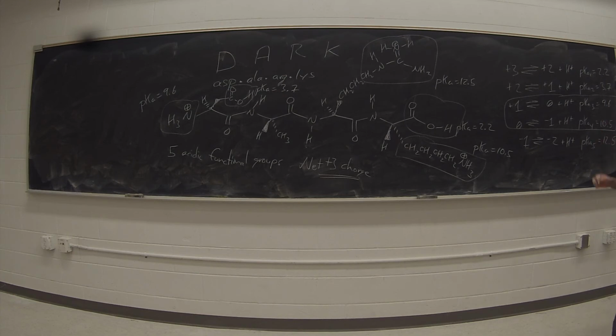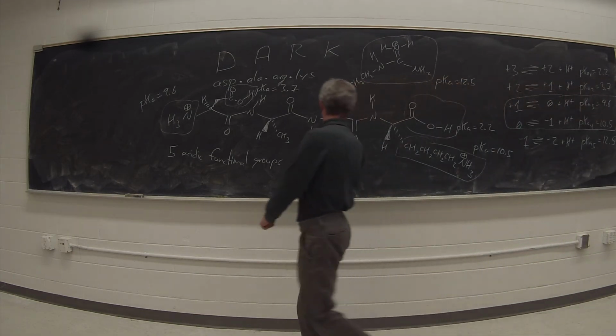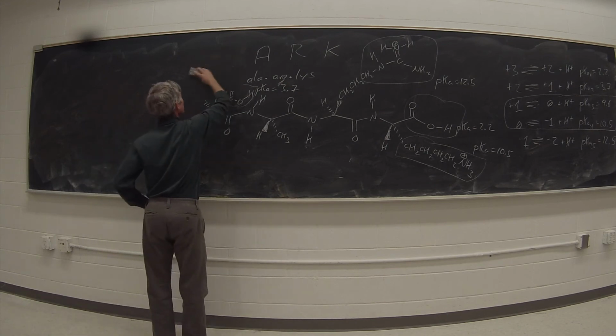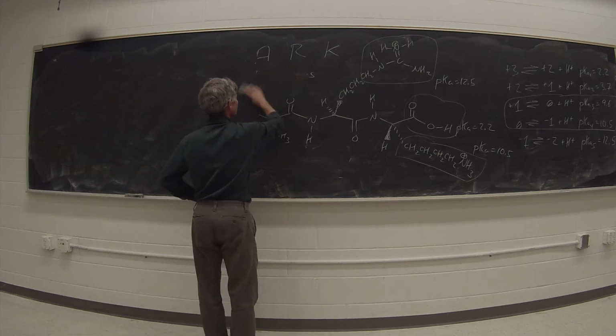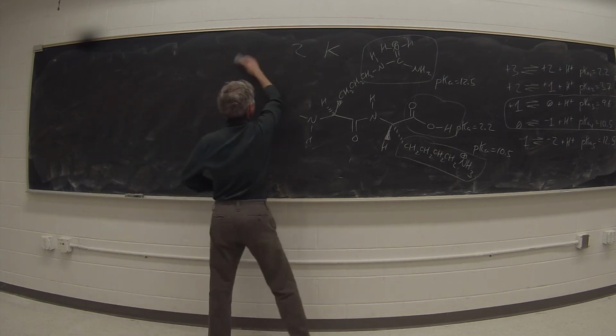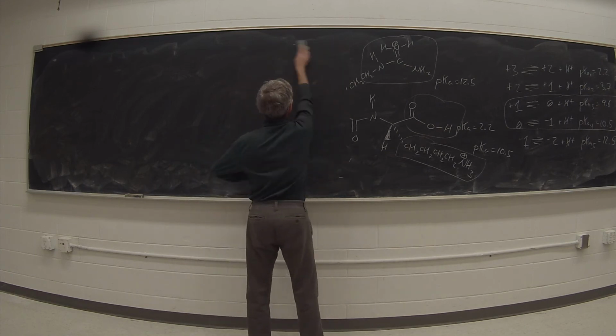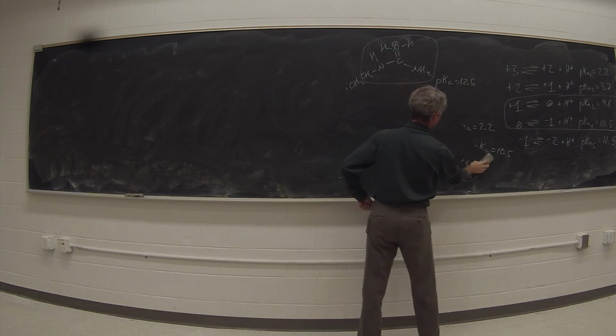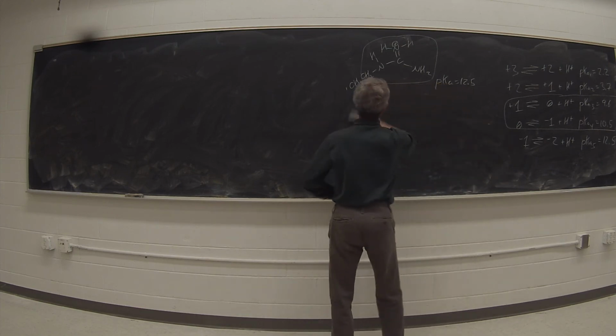So when we are looking for our isoelectric point, we're only worried about the N-terminus of aspartic acid and the side chain of lysine. Those are the 2 pKa's that are on either side of our neutral species.